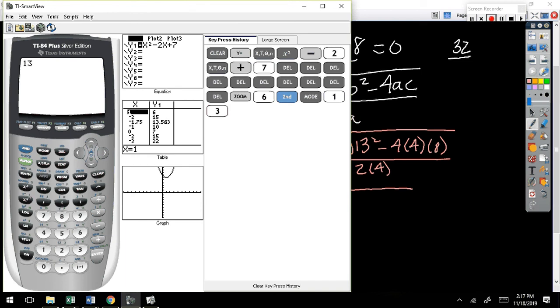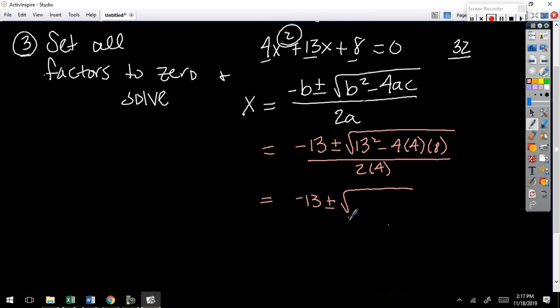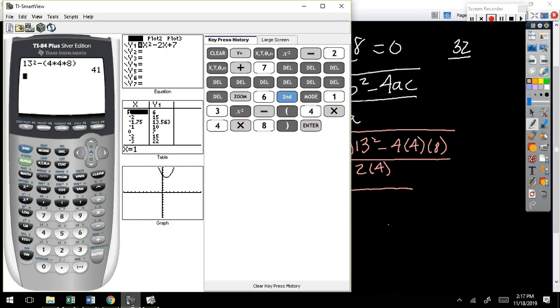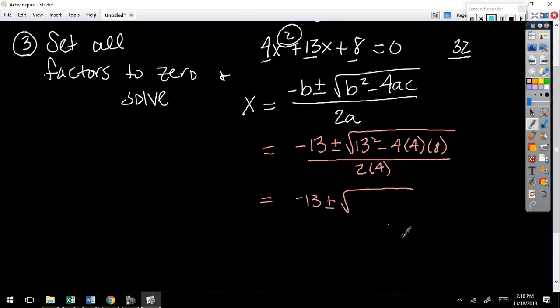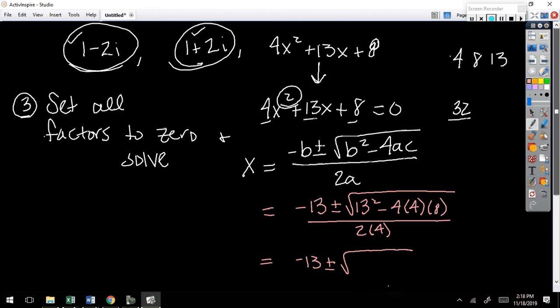Is that 13 squared minus 4 times 4 times... Did I copy this right? I don't think I did. I got these mixed up, y'all. This should have been 8x and 13. I am so sorry. We're just going to roll with it and pretend like this was what it was.